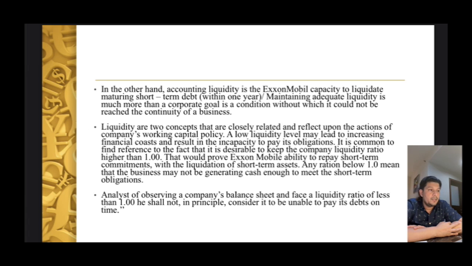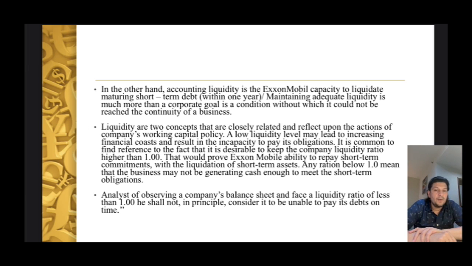A low liquidity may lead to increased financial costs and result in the incapacity to pay its obligations. It is common to find reference to the fact that it is desirable to keep the company liquidity ratio higher than 1.00. That would prove ExxonMobil's ability to repay short-term commitments with the short-term assets.